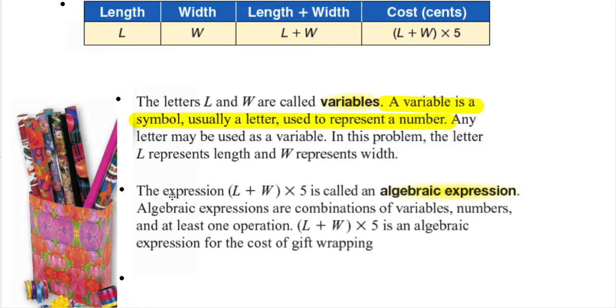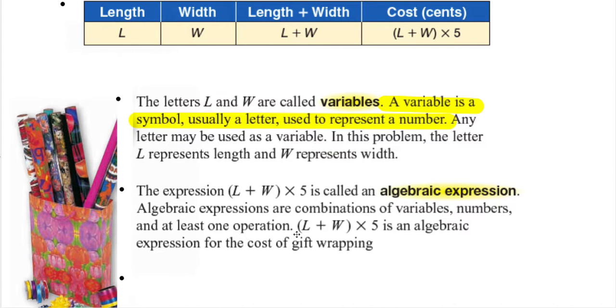Okay, another definition. When we say the expression L plus W times 5, it is called an algebraic expression. Algebraic expressions are combinations of variables, numbers, and at least one operation.